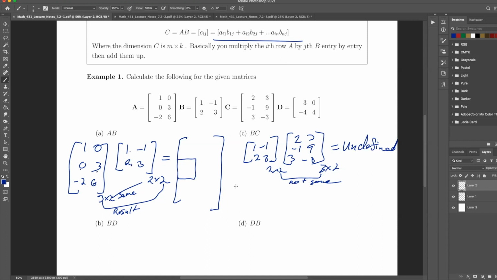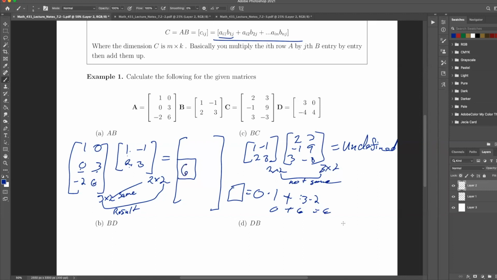So this entry is equal to 0 times 1 plus 3 times 2. Notice I'm doing exactly what's from up here, going down by 2. 3 times 2 is 6. So I have 0 plus 6, which is equal to 6, and that's what goes in this box.